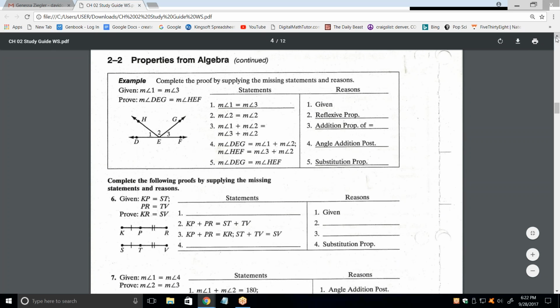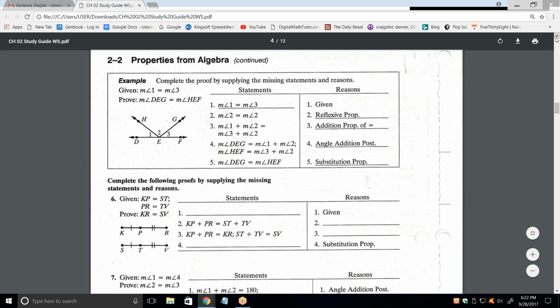Okay. Measurement of 1 is equal to the measurement of 3, then prove that DEG is equal to HEF. Oh, and this is just an example. Okay.